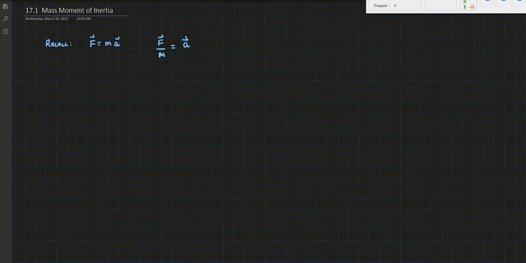And that's in a translation type situation. But in rotation, we're going to have a situation where we have a moment, and this moment equals I times the angular acceleration.